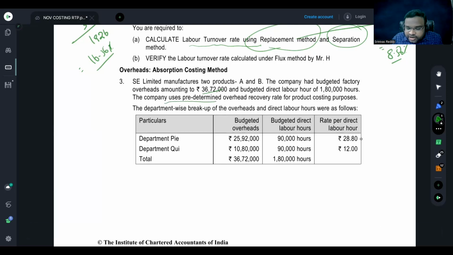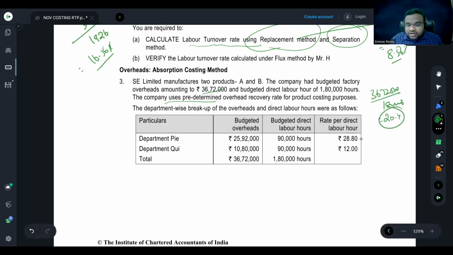How would you calculate the predetermined overhead recovery rate? 36,72,000 divided by 1,80,000 hours, which is your overhead absorption rate, even in our standard costing, correct? 36,72,000 divided by 1,80,000 is 20.4. You are recovering this from each production unit under a single overhead recovery rate, that too under absorption costing.